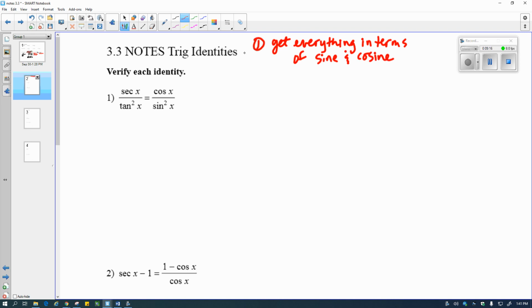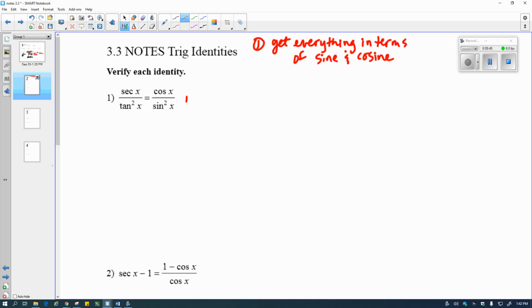I just suggest this is something that you can do. Especially as a newbie, as somebody who's first starting this, this is what I recommend that you do. Get everything in terms of sine and cosine, and then as you get better, you can start working with the other trig functions.